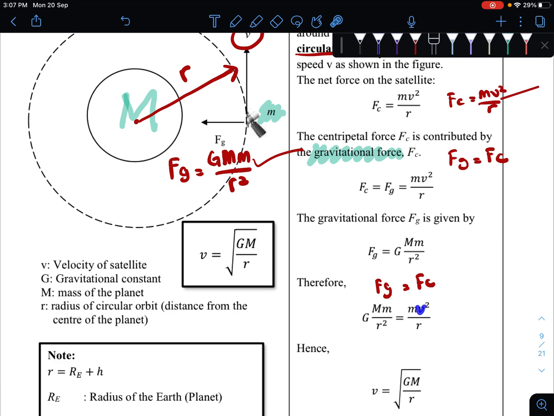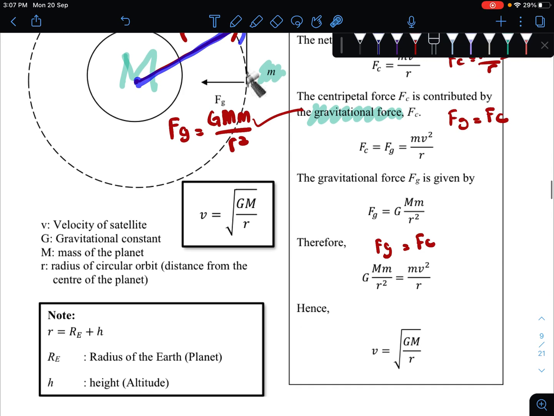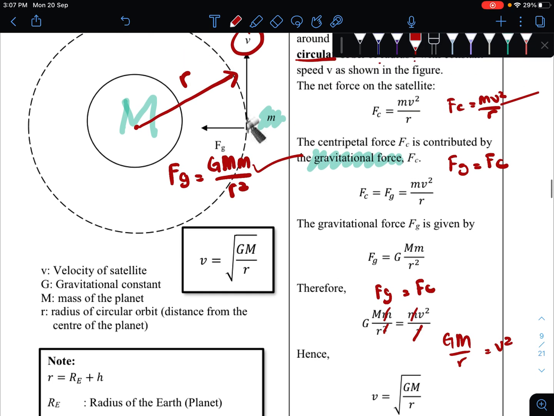Multiplied by its velocity, that is the linear velocity of the satellite, divided by r, which is basically the radius of the orbit. And then you can cancel the m, and you can also cancel the r here because both sides have it. So you will end up with GM over r equals v square.